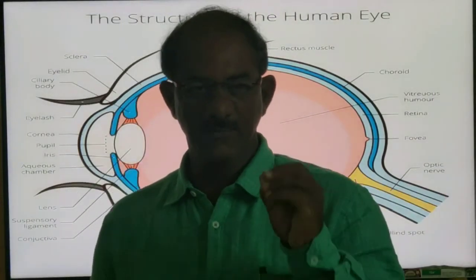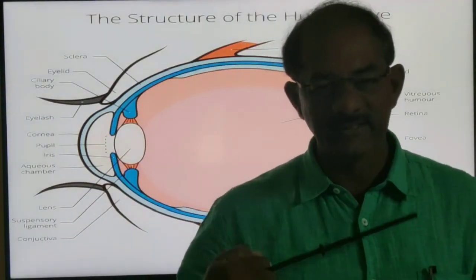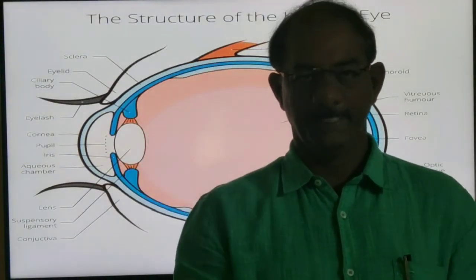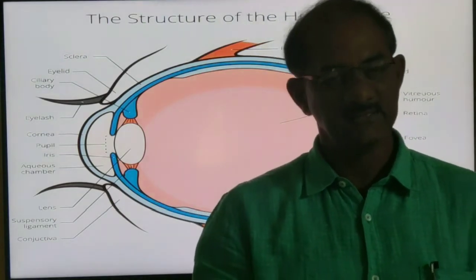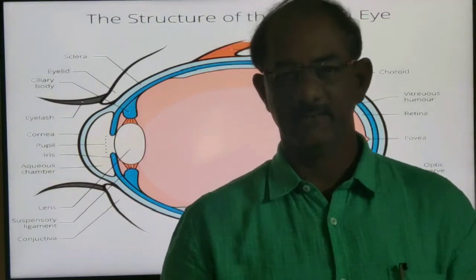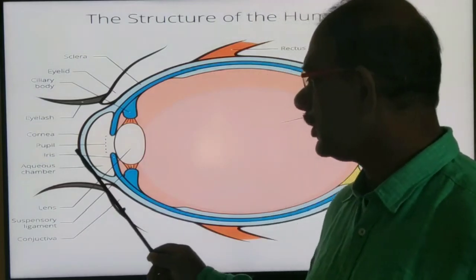Means the main function of the cornea is to allow light to pass inside toward the focusing object. That is the function of the cornea.